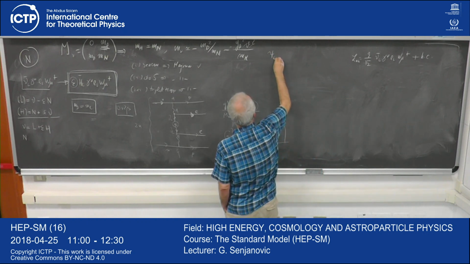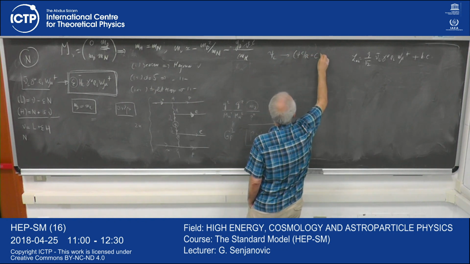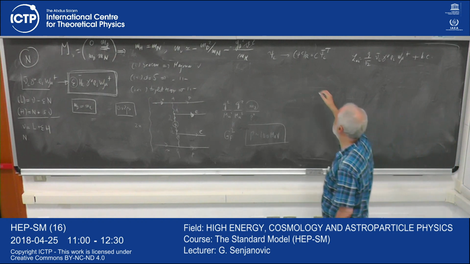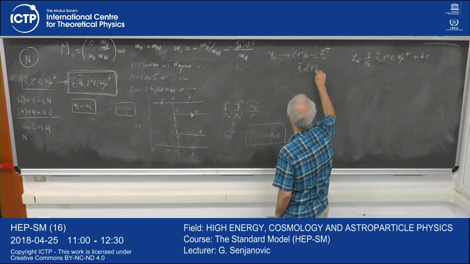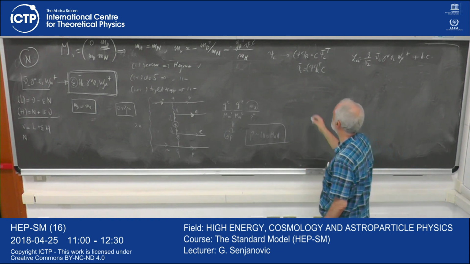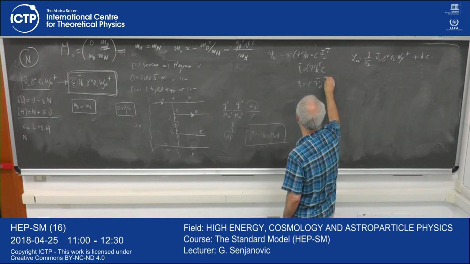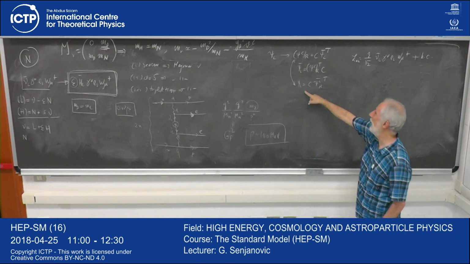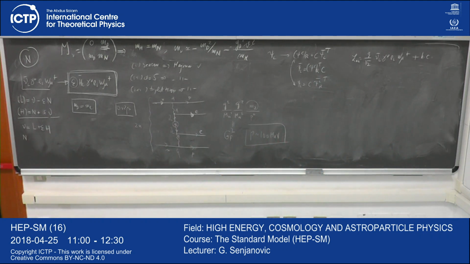I can work with psi L, which was equivalent to psi L bar being psi C R transpose C. Am I right? And psi L is C psi C R bar transpose. This is the same relation. This is the antiparticle of psi left, and psi left is the antiparticle of its own antiparticle.